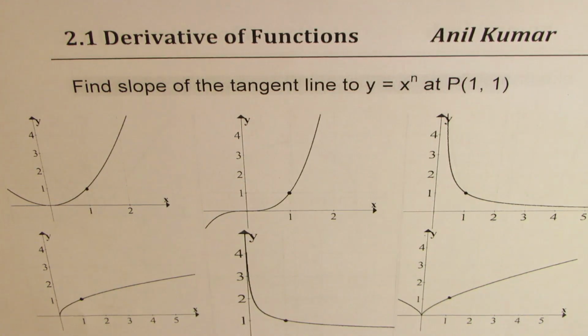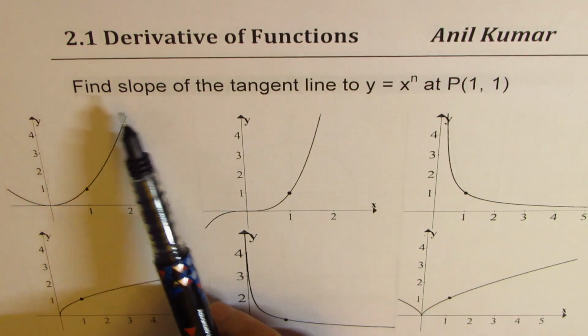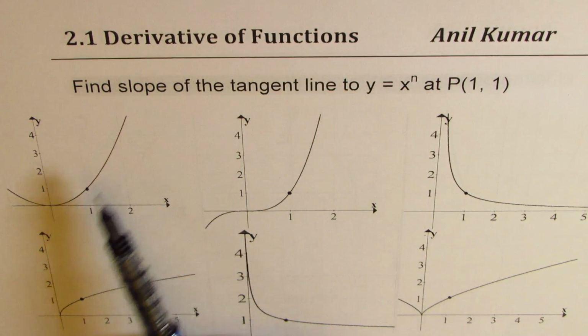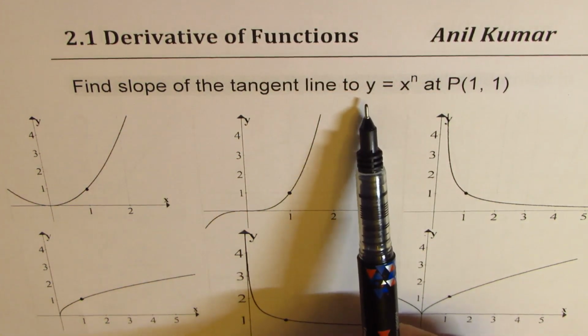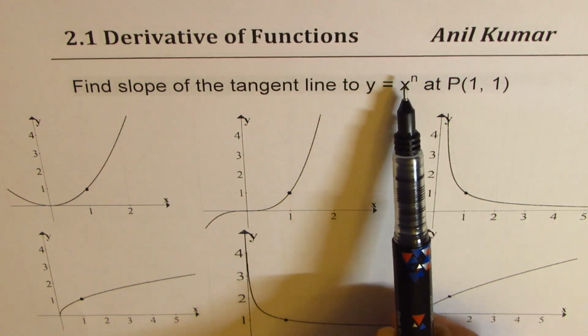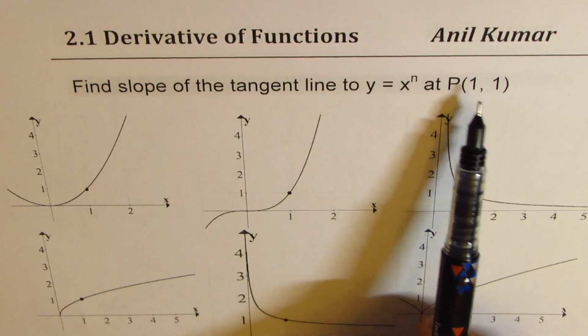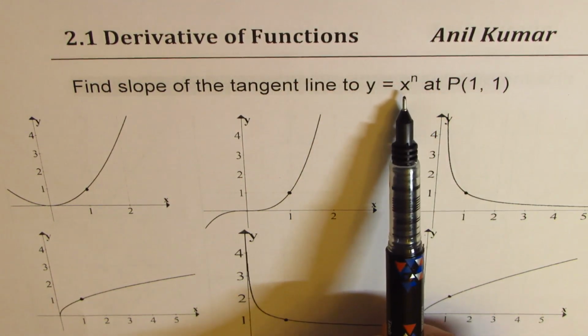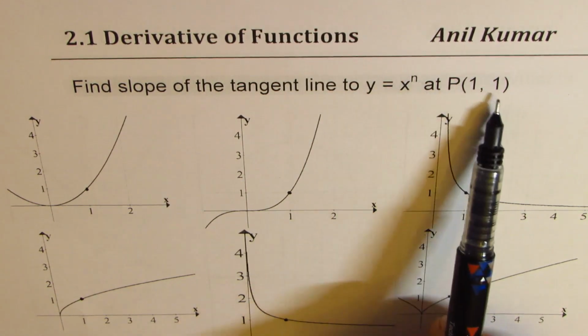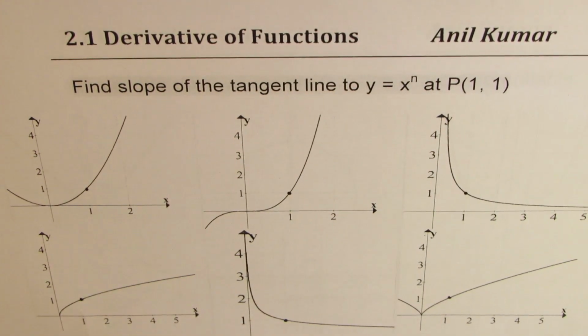In this particular exercise, we'll find the slope of the tangent line for all these functions which are represented by y equals x to the power of n at the point (1, 1), right? So if x is 1, then anything to the power of n is going to be 1. That's the whole idea, right? So we have different kinds of functions here.